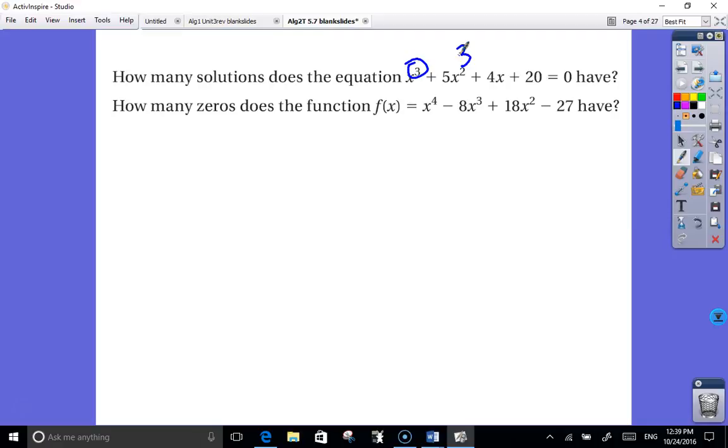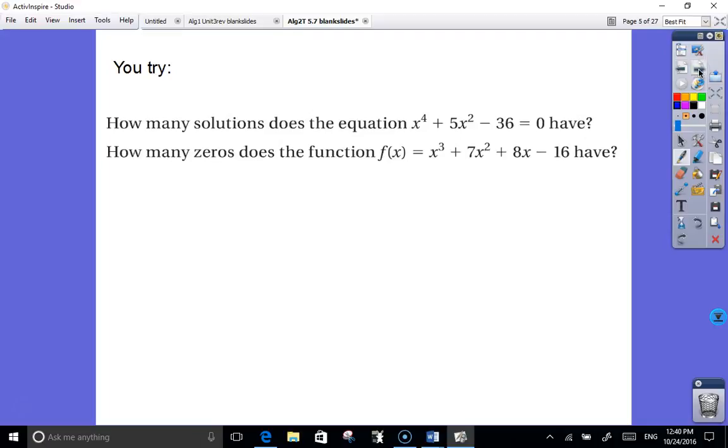The roots of the equation are the same thing as the solutions of the equation. So the x-intercepts of the graph are the same thing as the zeros. So how many zeros does this second function have? 4, right? It doesn't matter about all those other terms. It only matters the first term, and if it's written in standard form, it's the one all the way on the left. That's all you've got to look at.